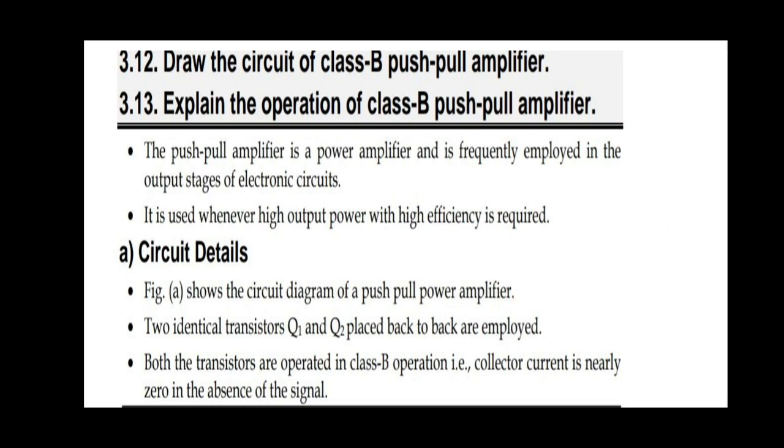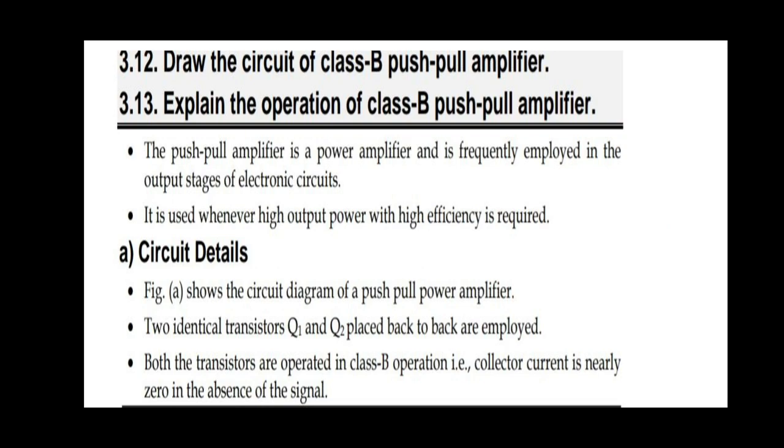The output stage essentially consists of a power amplifier. Its purpose is to transfer the maximum power to the output device. The efficiency of a class A amplifier is very low, that is 50%.